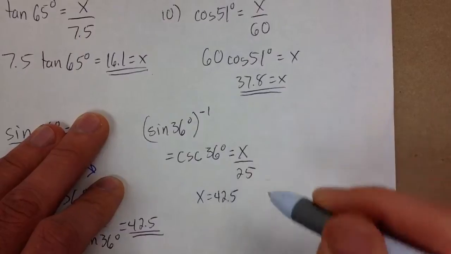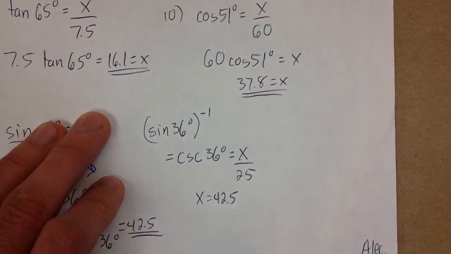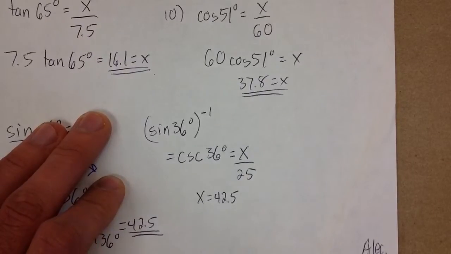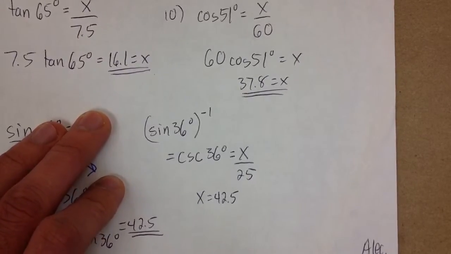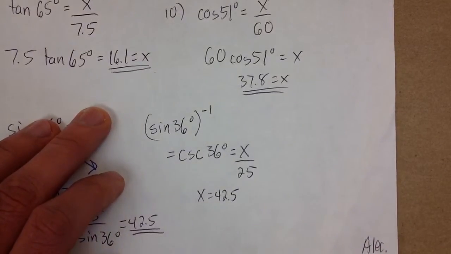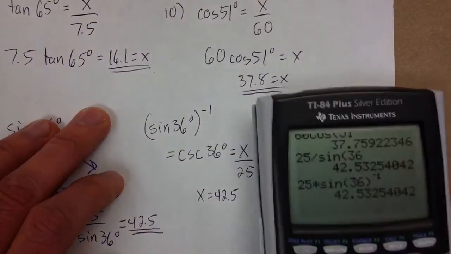You may be wondering, why do we have things like cosecant, secant, and cotangent? It's a very natural question. My belief is that because trigonometry is so old, it's one of the most ancient of mathematics. It predates by millennia things like calculators.